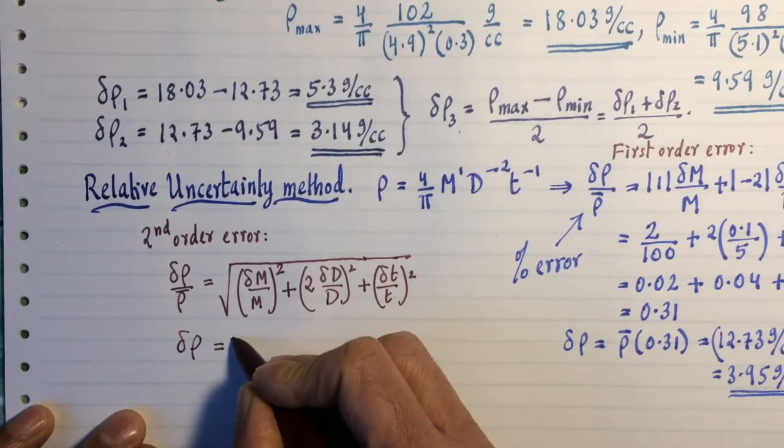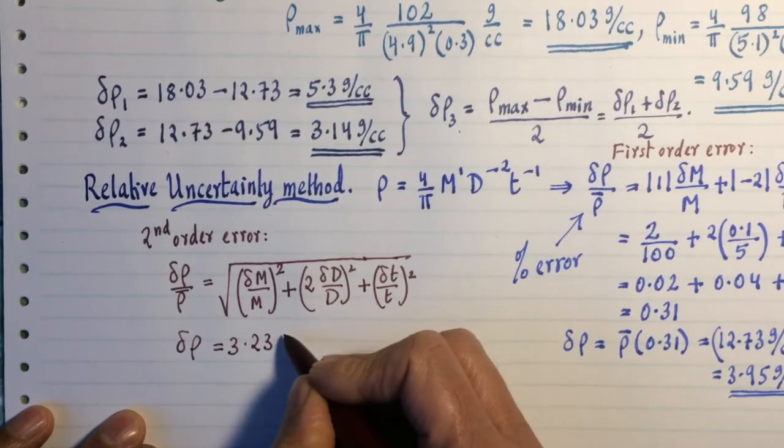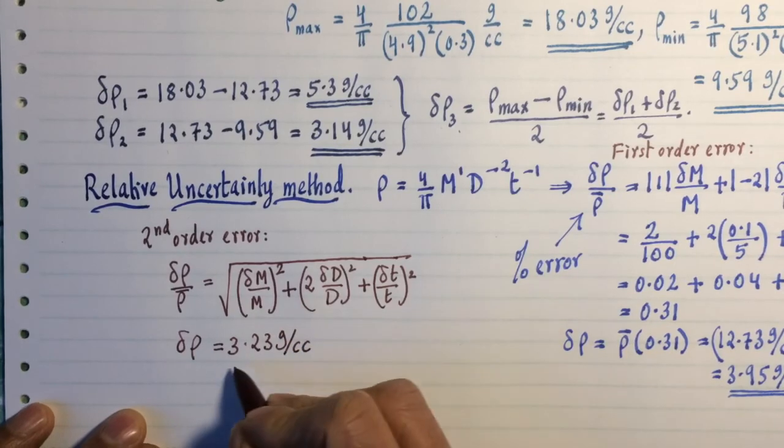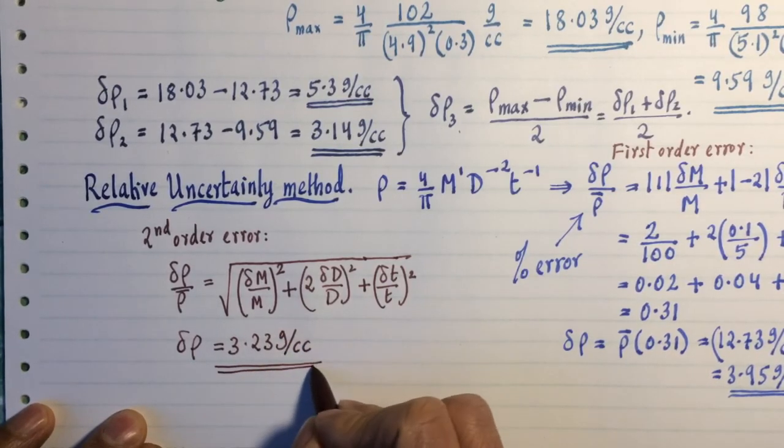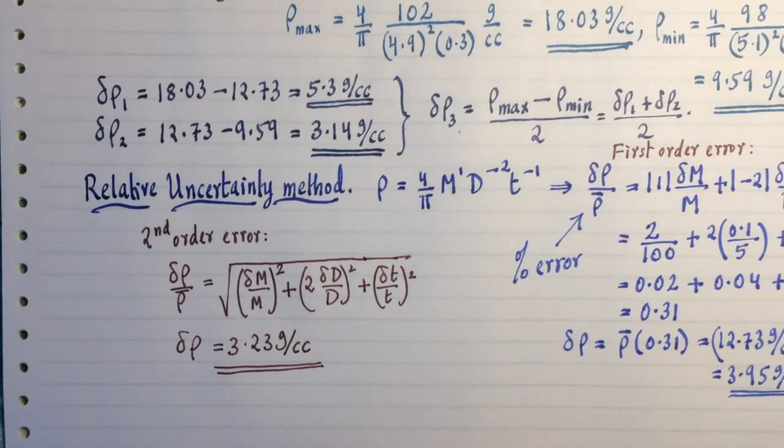You're going to get delta rho is 3.23 grams per cc. So you can see that each of these methods gives you a completely different uncertainty, and which one you trust is really a question of how many data points you have and how good of an experiment you're running.